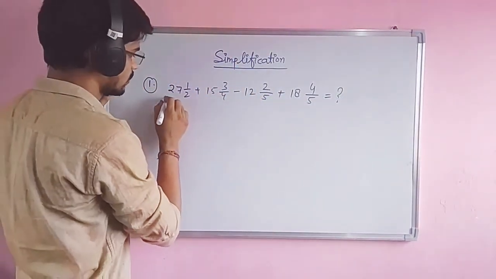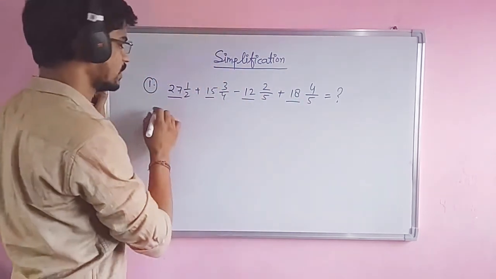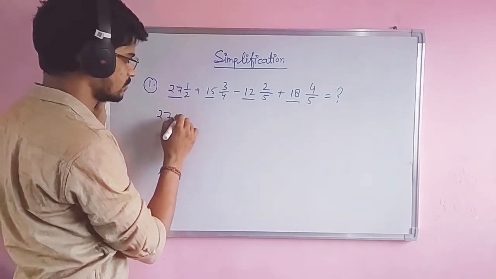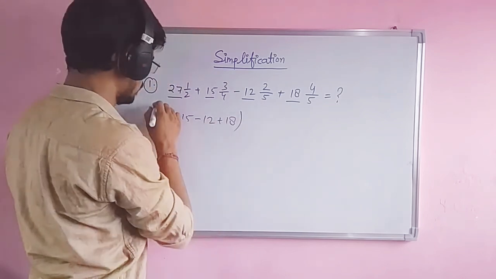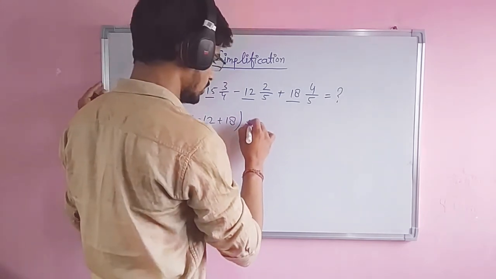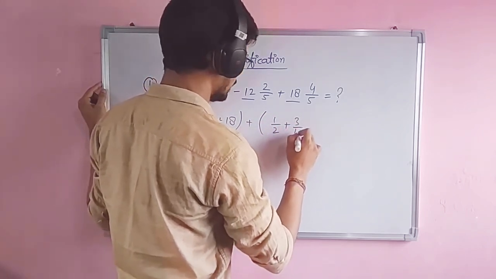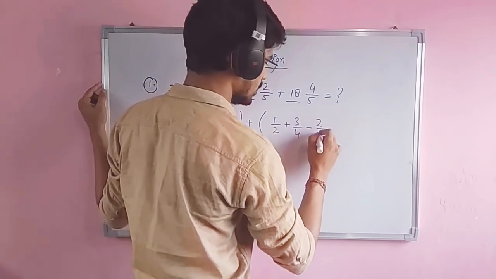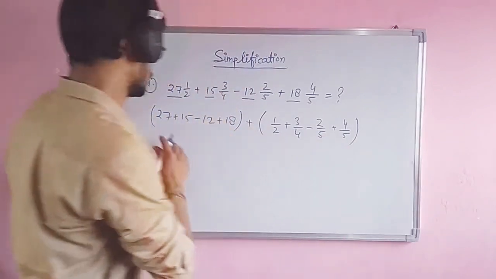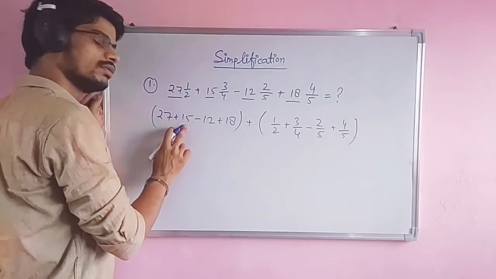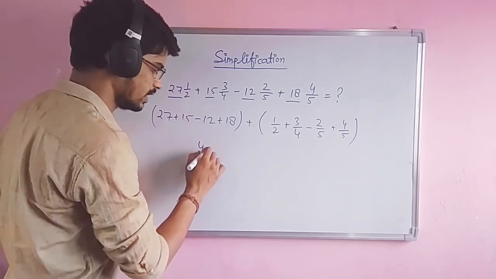Now consider the integer parts and fractional parts separately. 27 plus 15 minus 12 plus 18 on one side, and on the other side 1 by 2 plus 3 by 4 minus 2 by 5 plus 4 by 5. 27 plus 15 is 42, minus 12 is 30, 30 plus 18 is 48.